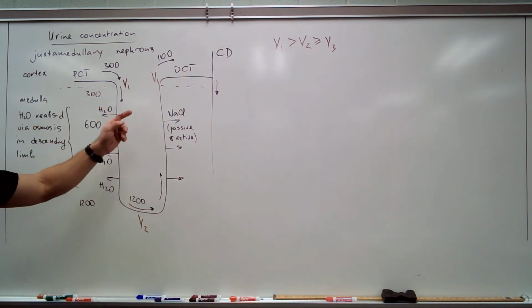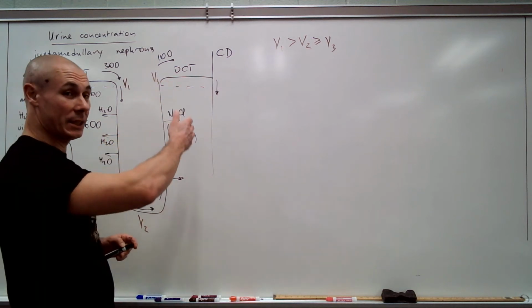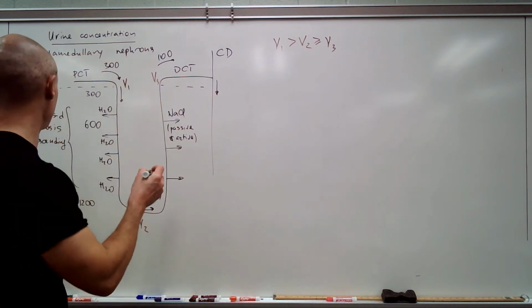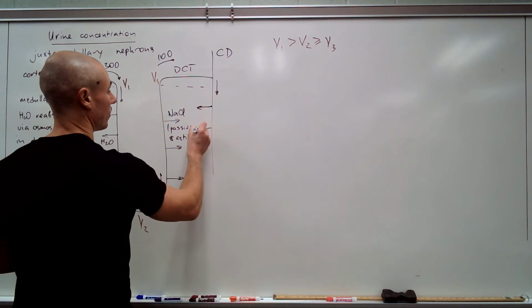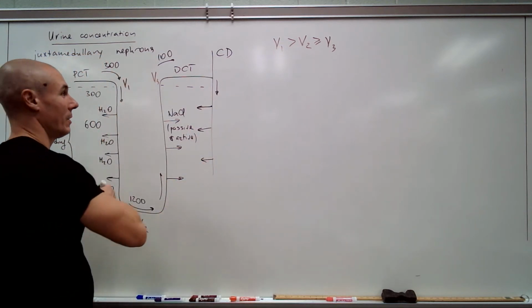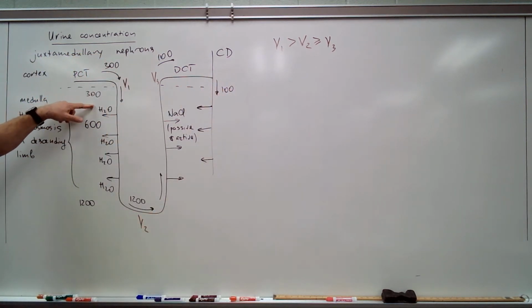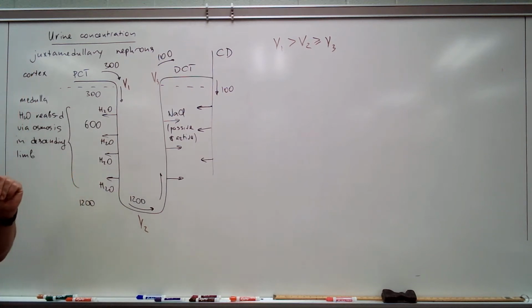But due to this, we end up peeing out like 2 liters of urine, or less, right? So, in the collecting duct, there's also water reabsorption. Because, look, it's 100 here, but the concentration in the medulla is 300. Does that make sense?